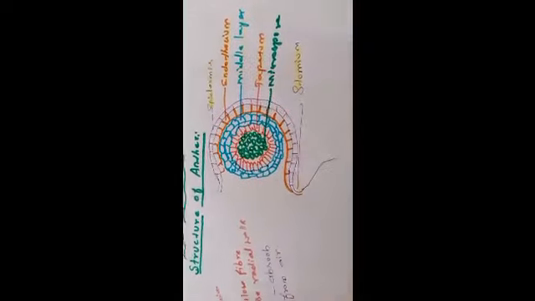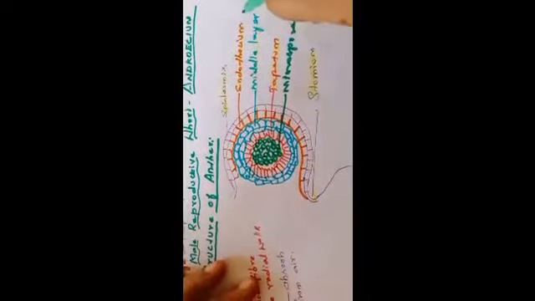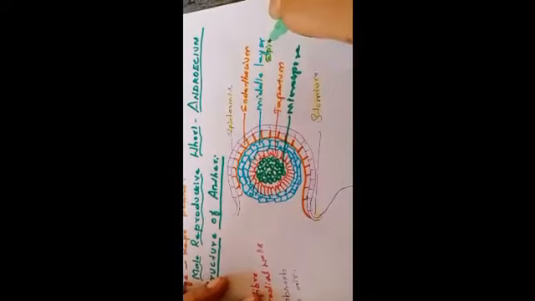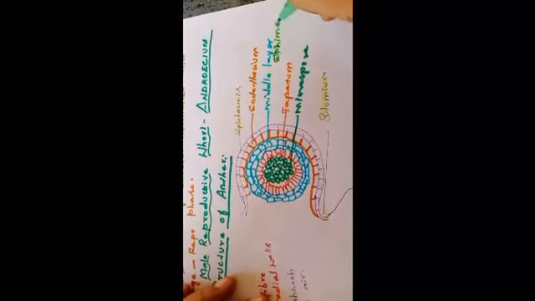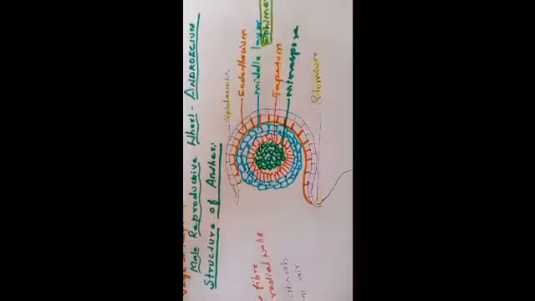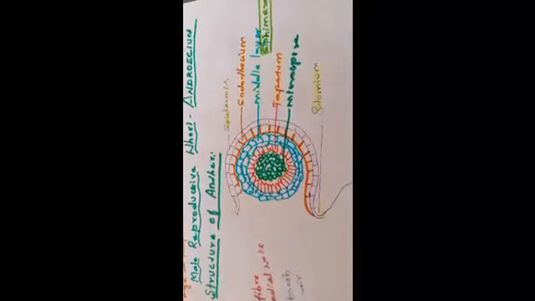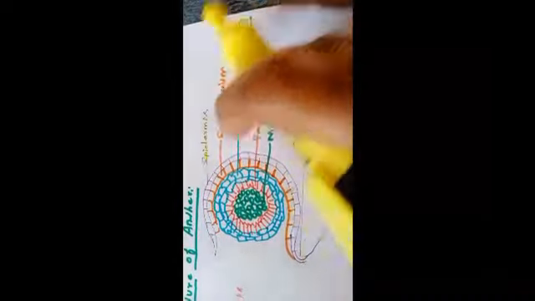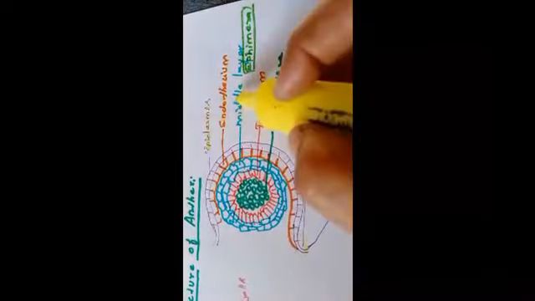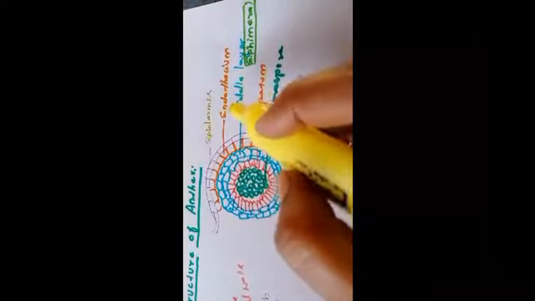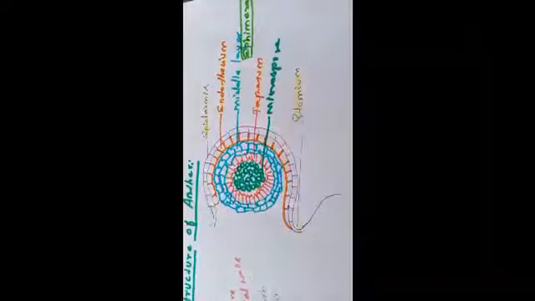Middle layer is ephemeral. What is meant by ephemeral? It is short-lived in nature, and it is absent in mature anther. Which layer is absent in mature anther? Middle layer. And what is stored in the middle layer? Food is stored in the middle layer.